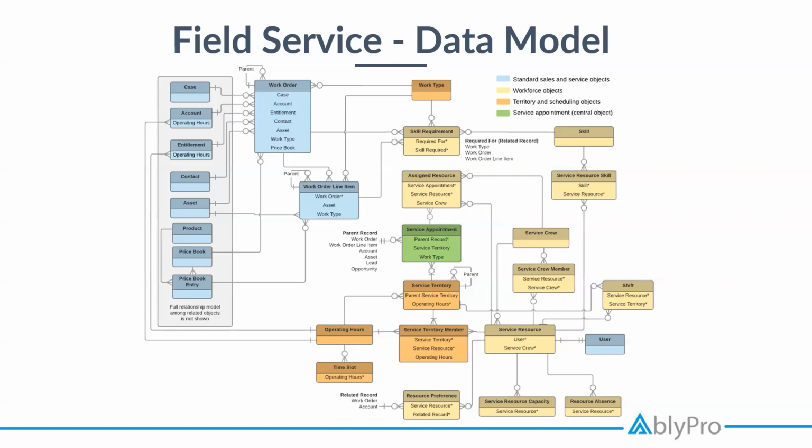So if a particular service appointment requires a certain level of skill, you assign the correct service resource that has the minimal skill level to be able to perform that work. So there's quite a few objects here, which we're not going to get into detail, but that's just an overview of what the model looks like.